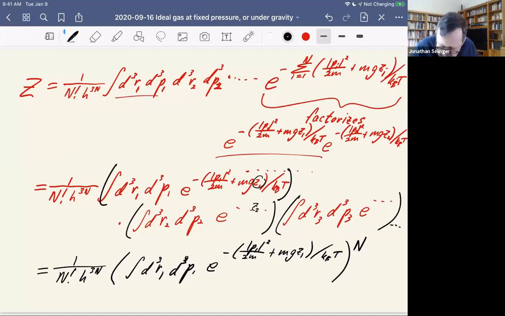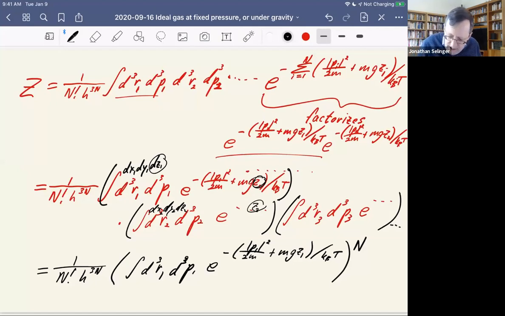This d cubed r1 is dx1, dy1, dz1. So we have some integral dz1 of this thing with z1, and then an integral dz2 of this thing with z2. Yeah, that's exactly why I'm asking. So why are we able to put the entire thing to the power n if z1 and z2 could be different?